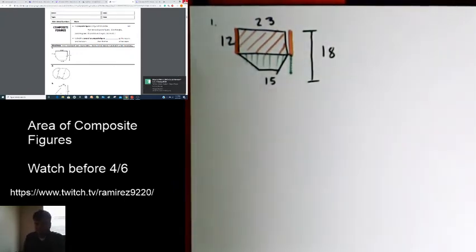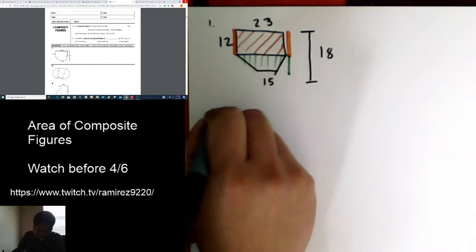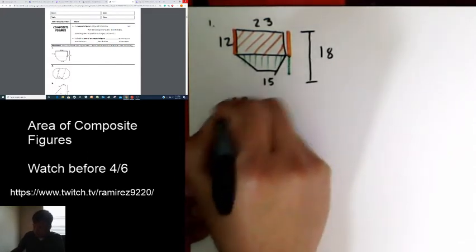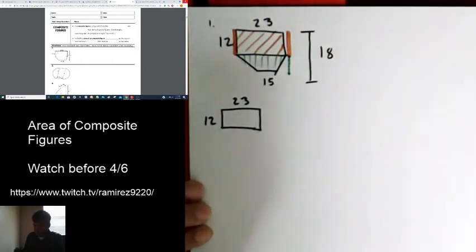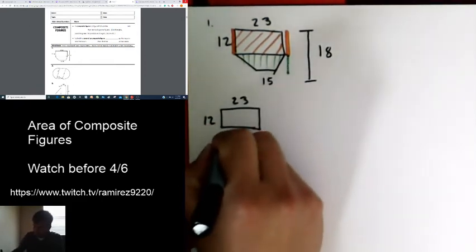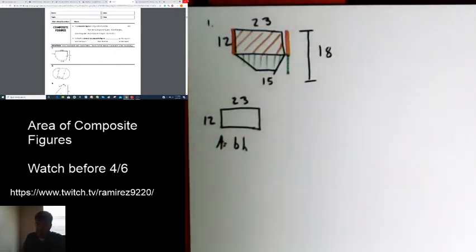Maybe the best strategy when working these out is to just see them separately, so I'm going to redraw them. We have a rectangle where this is 23 and this is 12. To find the area of a rectangle, it's just base times height. It's very important you really understood the assignment from this past week, because that tells you what formula to use.